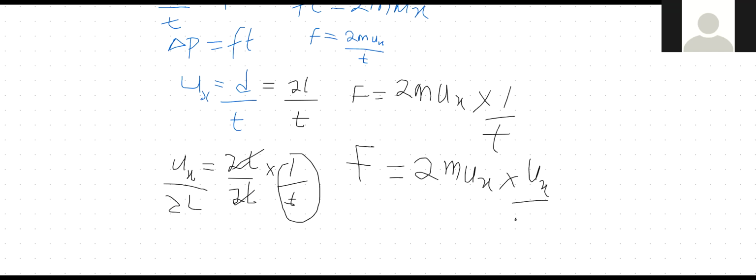So at the end, we are going to have F is equal to mux times ux, so we have mux squared divided by L. So this is what we have after we change this.